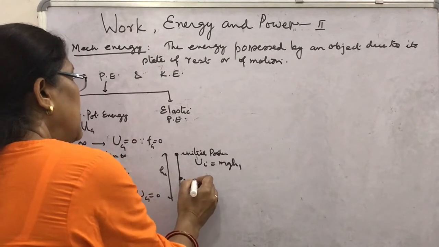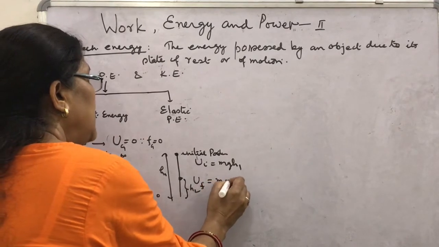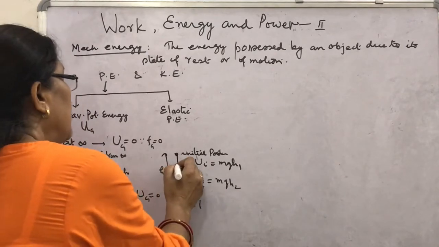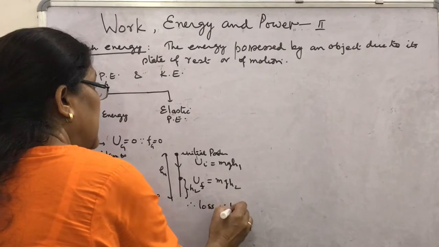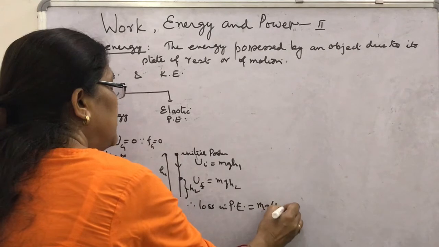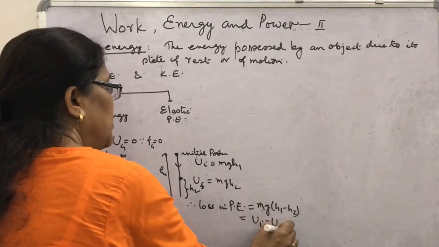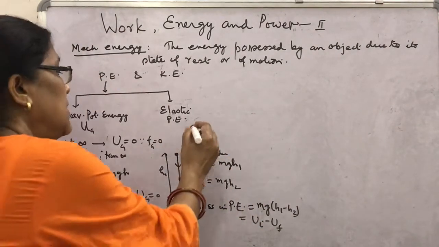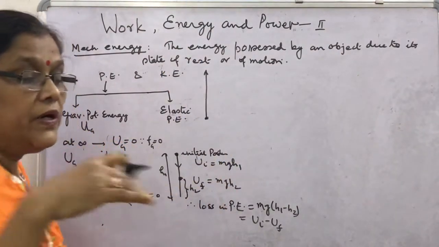At this position the height is h2, so the final is mgh2. Then the loss in potential energy when the object is coming down can be written as mg(h1 minus h2), that is U initial minus U final. And whenever you throw an object upward, suppose this is the object, it is thrown upward, so what happens?